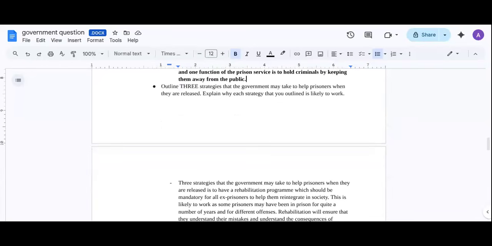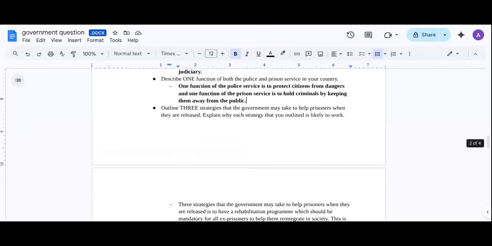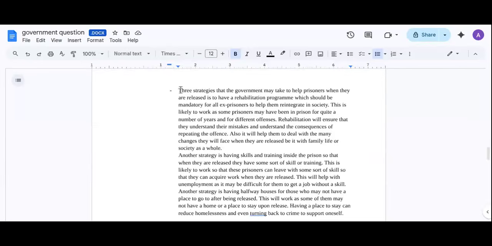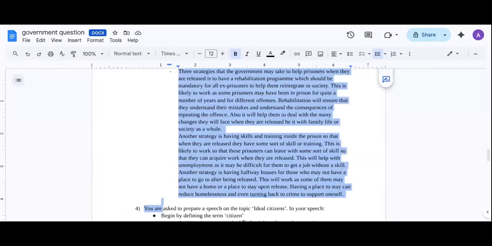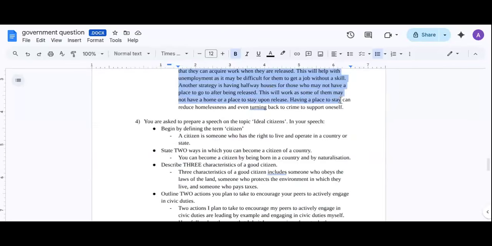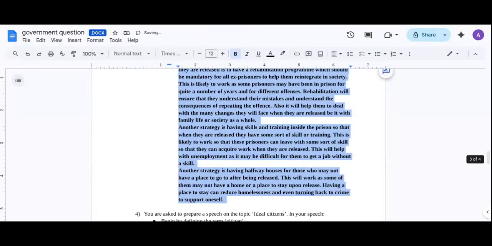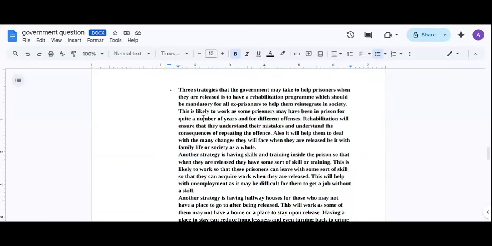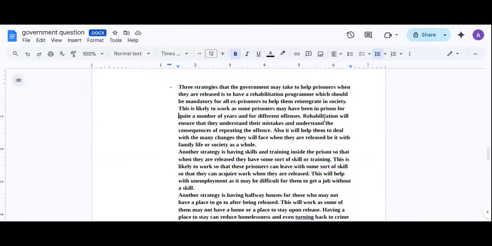Outline 3 strategies that the government may take to help prisoners when they are released, and explain why each strategy you have outlined is likely to work. So 3 strategies that the government may take to help prisoners when they are released is to have rehabilitation programs, which should be mandatory for all ex-prisoners to help them reintegrate in society.